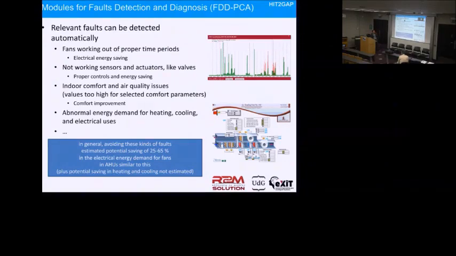And the software also allows recognizing abnormal energy demand for heating, cooling, electrical uses, and so on. This does not mean that all these faults happen in this building, but we performed some tests using modified input.